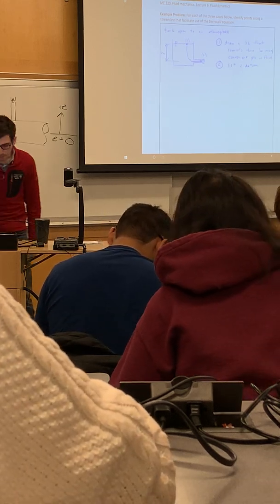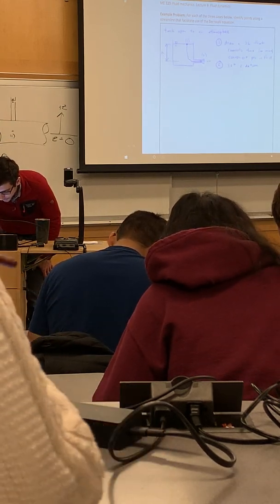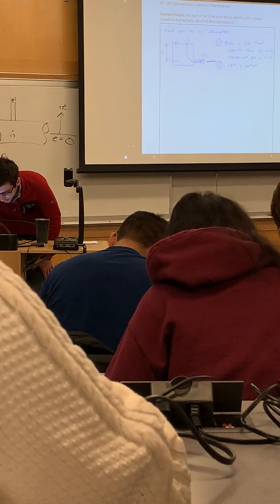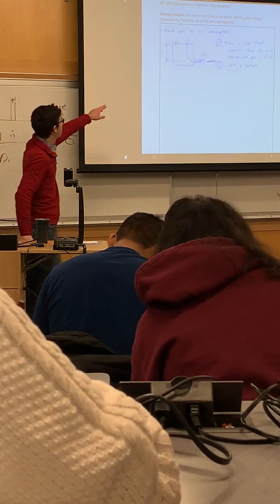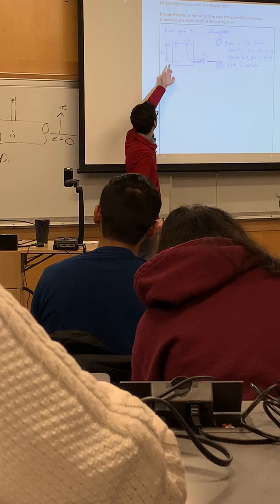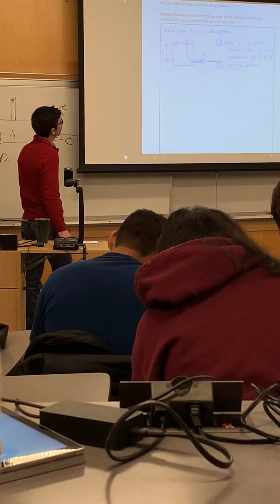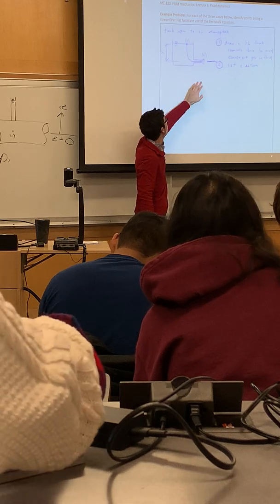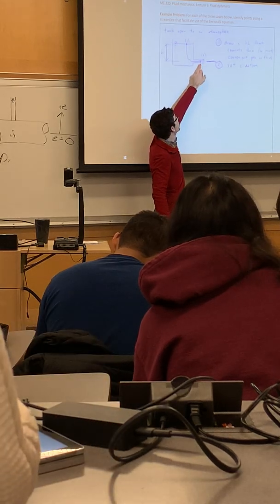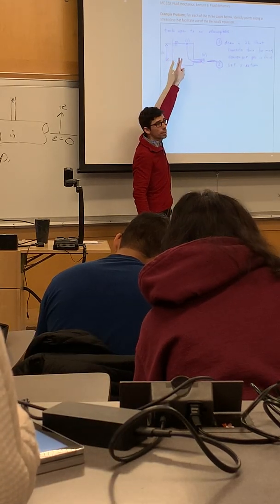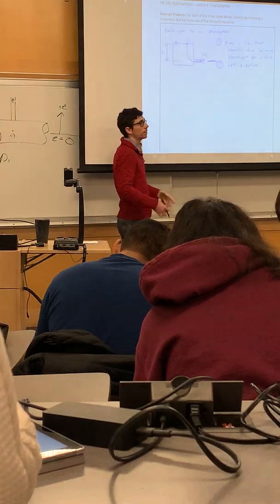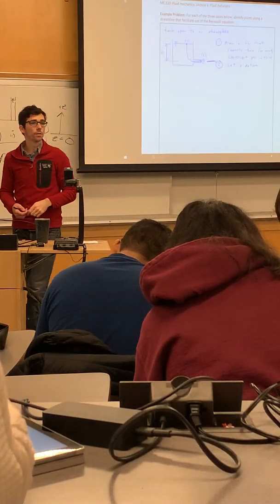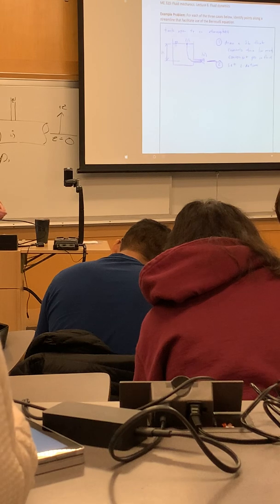So in that case, it would be convenient to set a datum at the sort of lower point of that height h, right? Because we don't know the distance from the floor to the center line of the pipe. You're given the distance between the center line and the elevation of the top of the tank, which is essentially the driving force for this fluid flow. Okay.